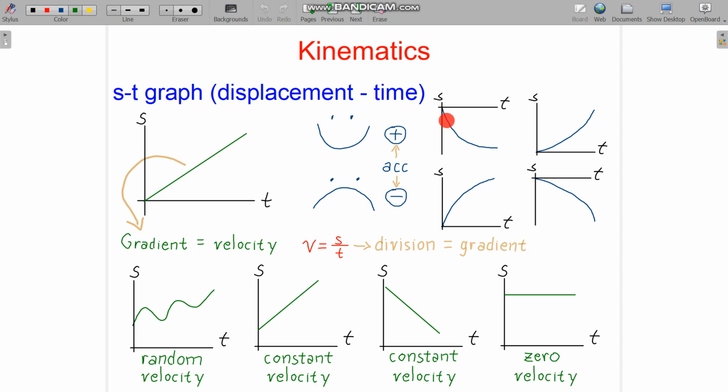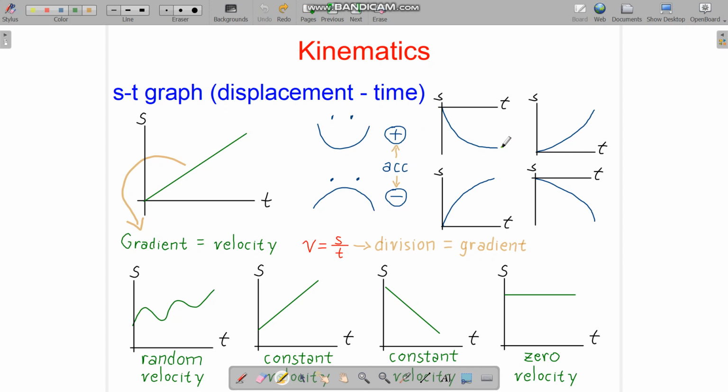So here the gradient is this big, so it's like -10, let's say, and the gradient gets smaller. This is like -5 and so on. So the gradient is getting smaller in magnitude, but it's negative.